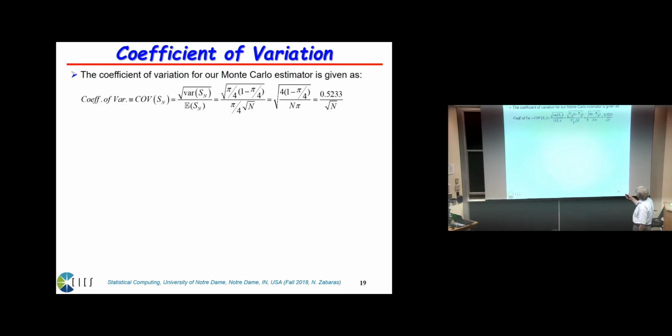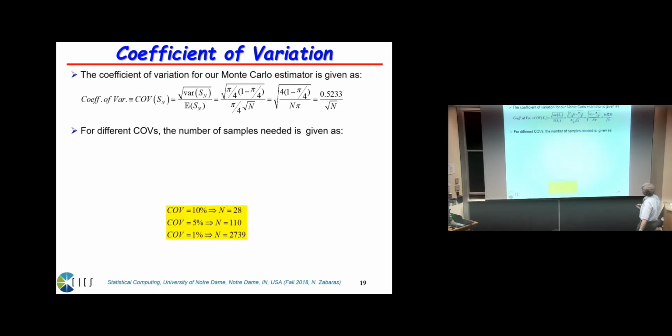So you remember the variance of the estimator is the actual variance divided by n, and the mean is pi over 4. So the coefficient of variation, exactly for our estimation here, is 0.5233 divided by square root of n.